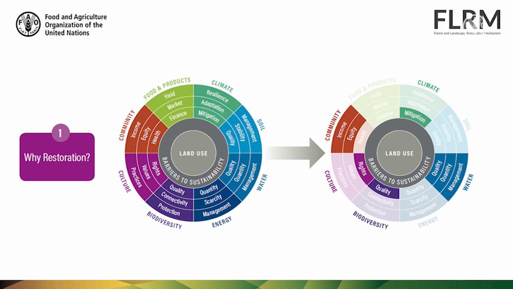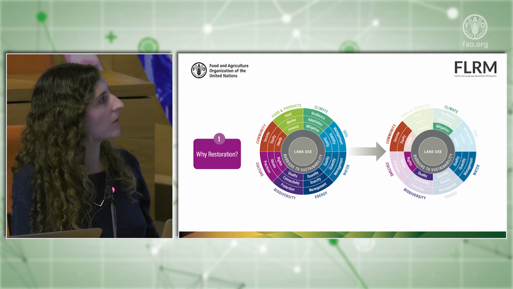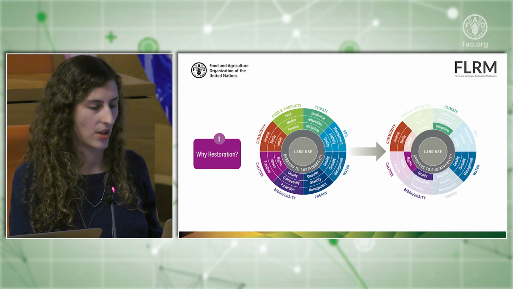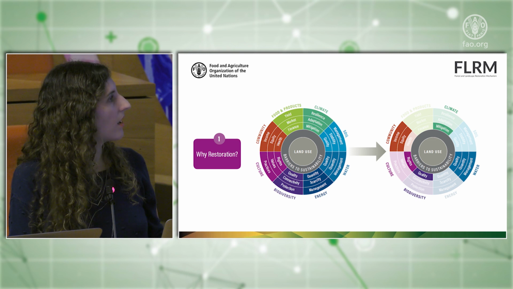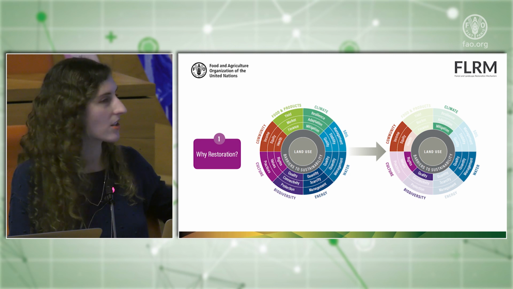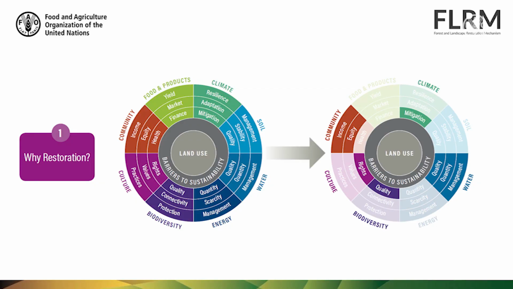In the inner wheels, we have the sub-themes, and then in the central part the land use and the barriers to sustainability that will be measured anyway for all of the projects. From here we can select the most relevant sub-themes for our project. One of the advantages of this visual wheel is to make sure that we are having a holistic approach in our restoration activities.